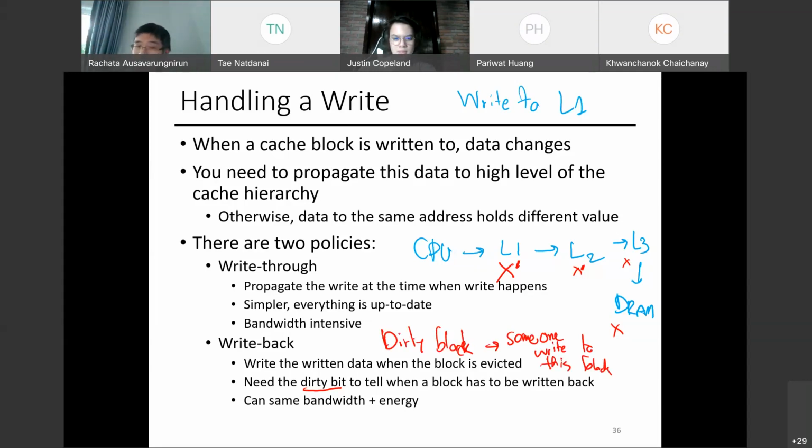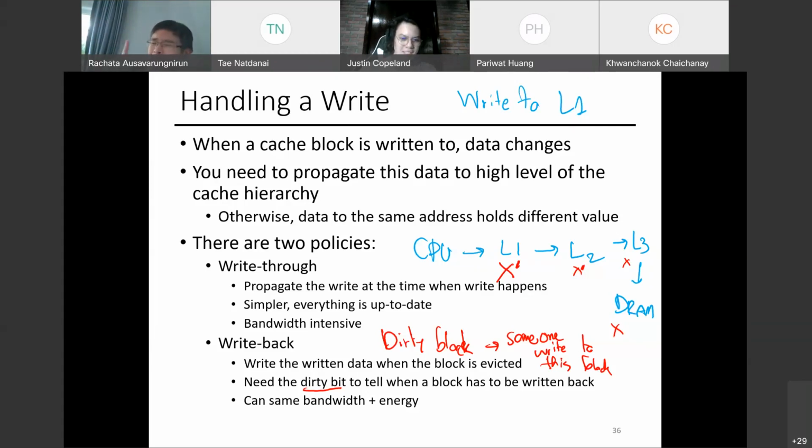So if you have to replace a dirty block, you have to write to that lower level of cache. What if the block is not dirty? What can you do? If the block is not dirty, what does it mean? So just replace. You throw that block away, right?